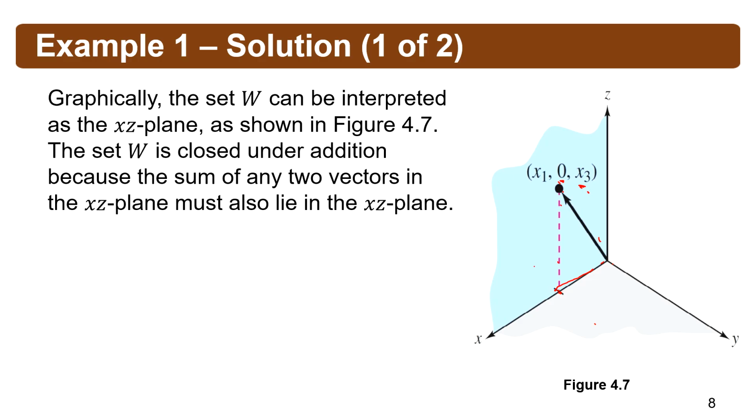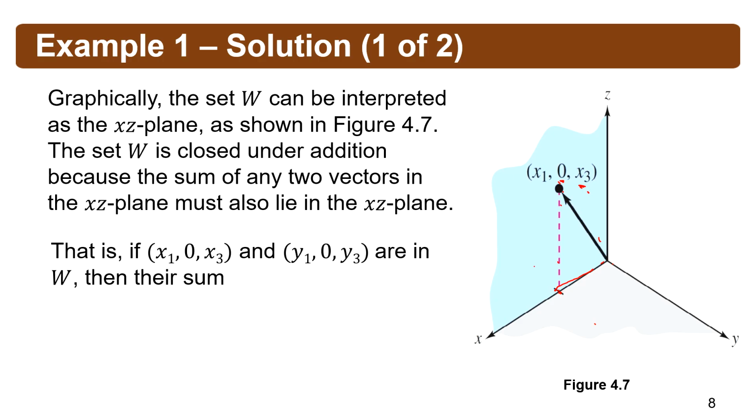So the set W is closed under addition because the sum of any two vectors in the XZ plane must also lie in the XZ plane. If we have two vectors, let's say v sub 1 is (x sub 1, 0, x sub 3) and v sub 2 is (y sub 1, 0, y sub 3), definitely this also lies on this plane.